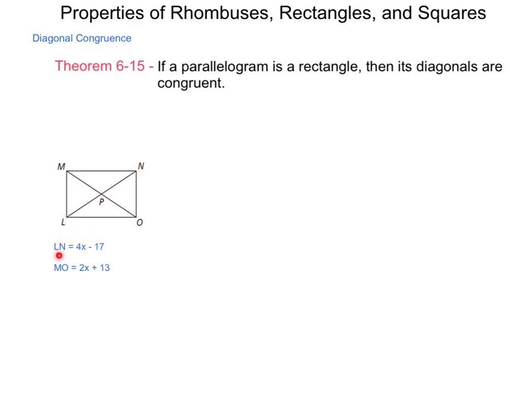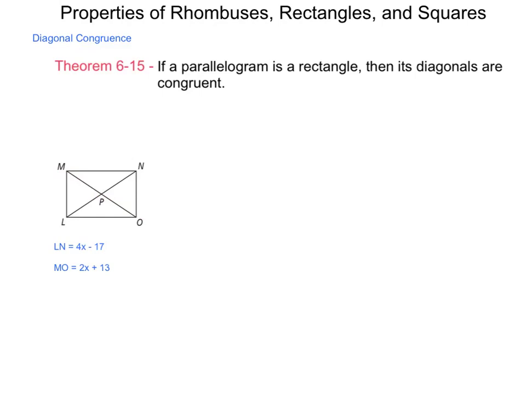So if LN is given to us as 4x minus 17, and MO is given to us as 2x plus 13, and if I needed to find the length of either of those diagonals, I would solve based on the fact that these are congruent.